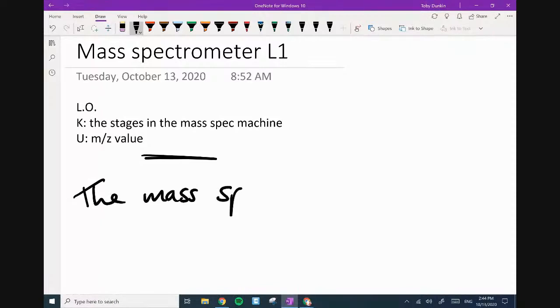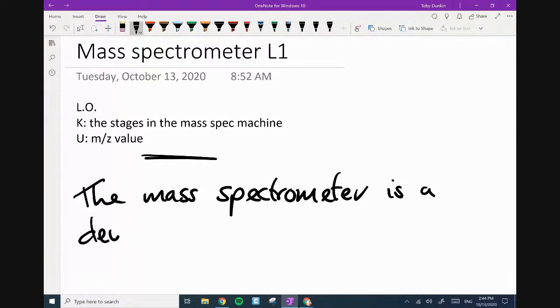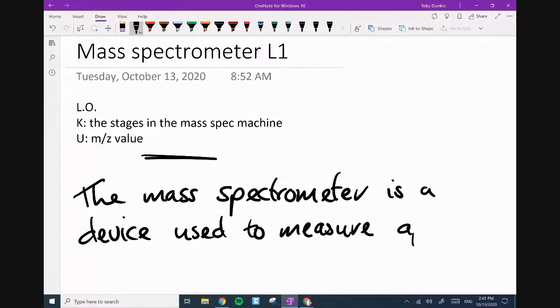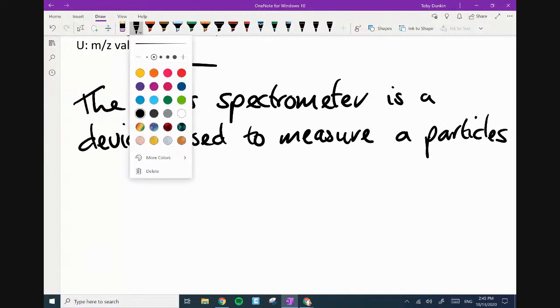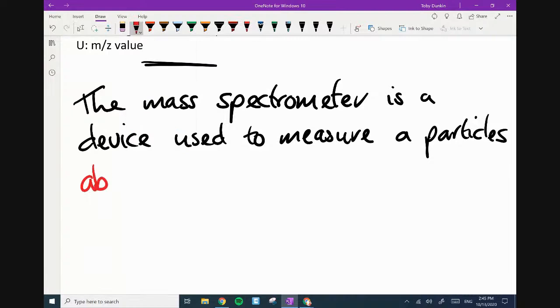The mass spectrometer is a device used to measure a particle's abundance. Please note I've changed my color. Abundance.